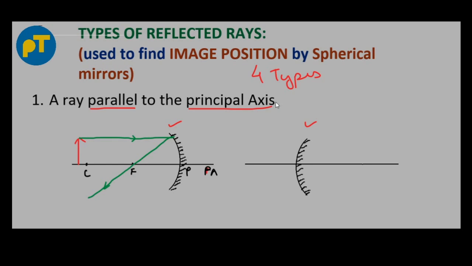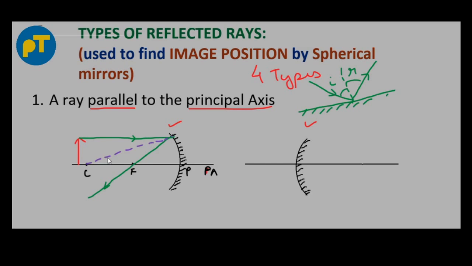You know why? Because we have already learned that for a plane mirror, there is an incident ray coming here, then it bounces back, and we have a normal at that point. The angle of incidence is equal to the angle of reflection. In this case, the normal at this point would be the imaginary line that joins the point of incidence and the center of curvature.